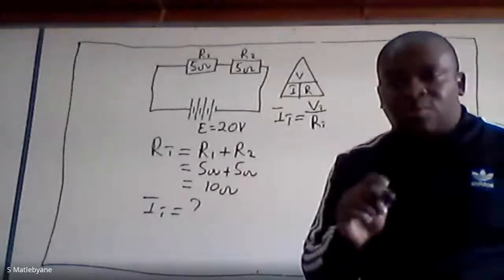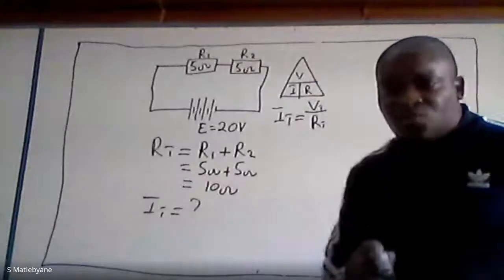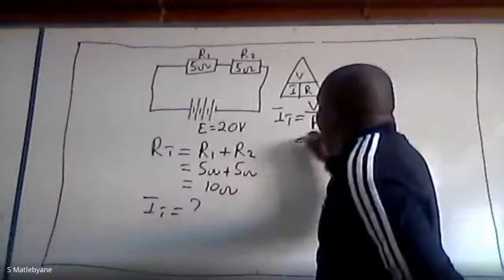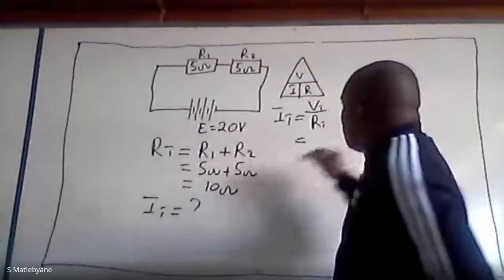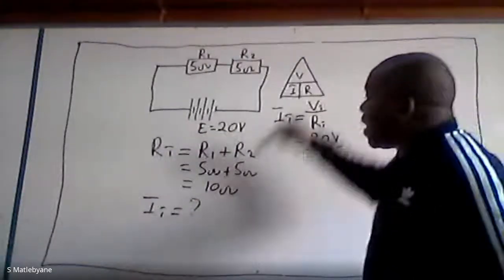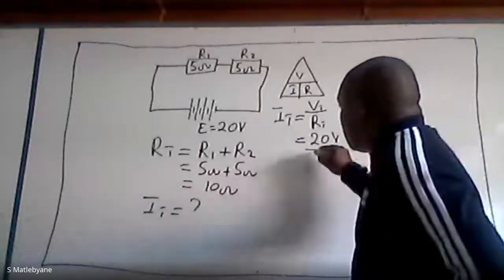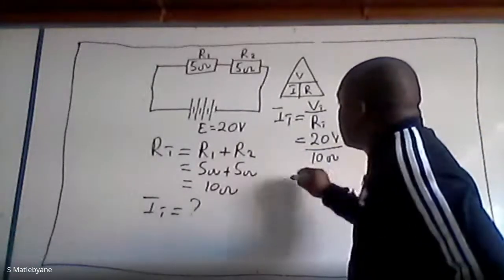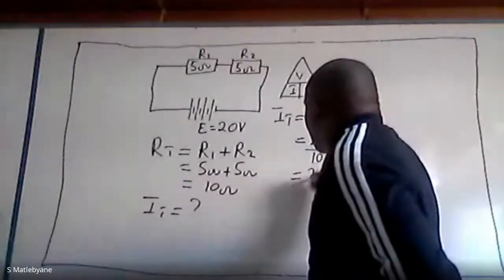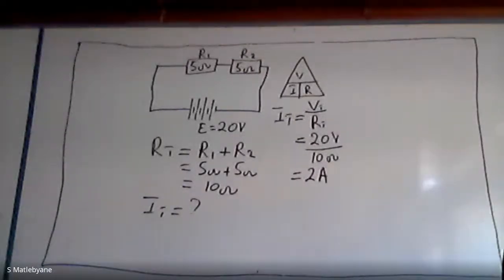It is not always the case where you use the total voltage and the total current. It depends on what you are given. So our total voltage we are given is 20 volts, and our total resistance, we calculated it, is 10 ohms. So 10 into 20, it will be 2. So it means our current is 2 amps.